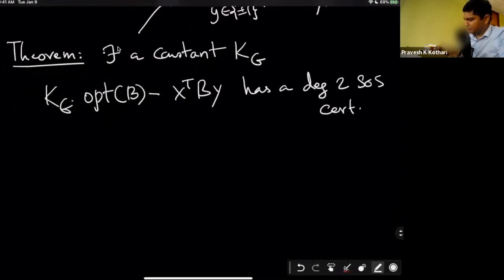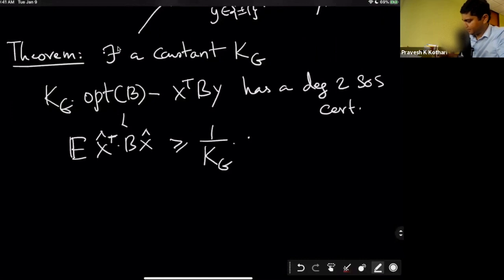And there is a rounding version, which I won't write down. But basically it means that I can find some X hat such that X hat transpose B X hat, in expectation, is at least 1 over K_G times opt of B.